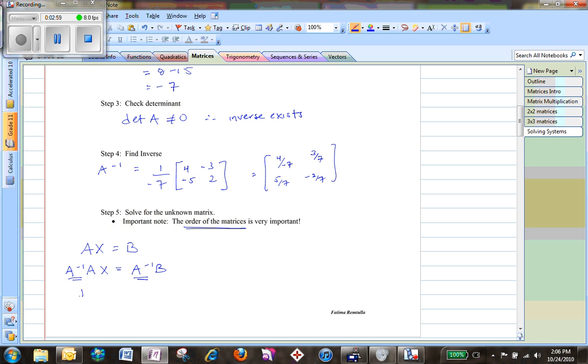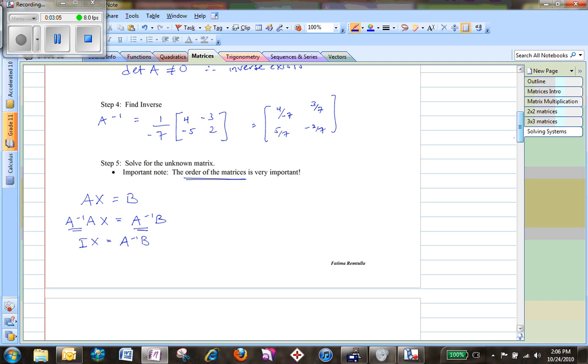Wherever I put it on one side, I have to put it in the same spot on the other side. A inverse times A is the identity matrix. The identity matrix times any matrix is the matrix itself. So I times X is equal to X. So it's A inverse times B. Well, that's great. X is equal to A inverse, which I have, 4 over negative 7, 3 over 7, 5 over 7, and negative 2 over 7, times the B matrix, which is 4, 17.